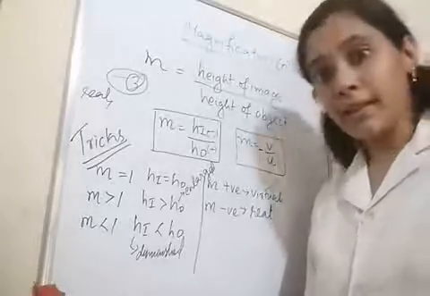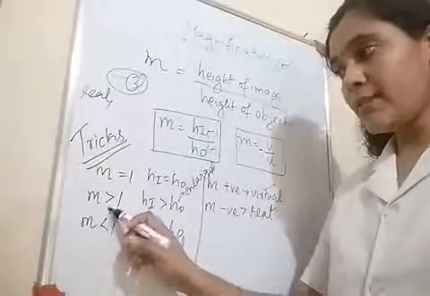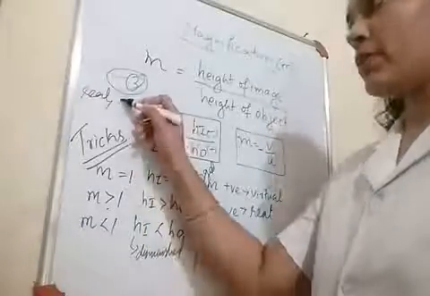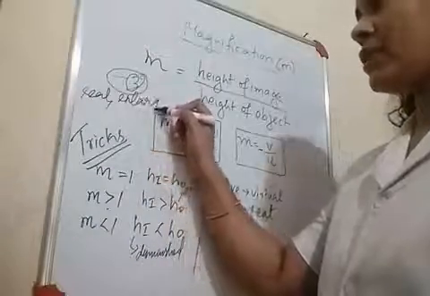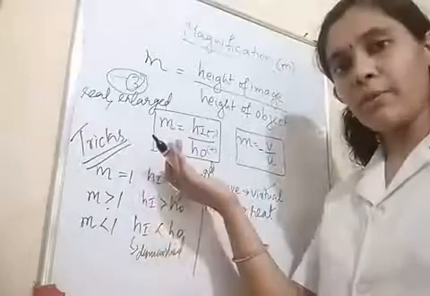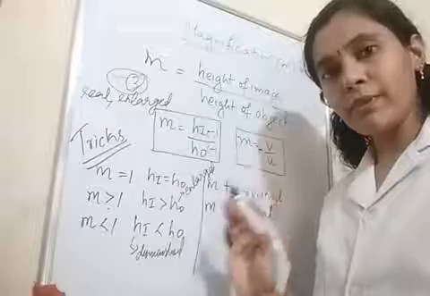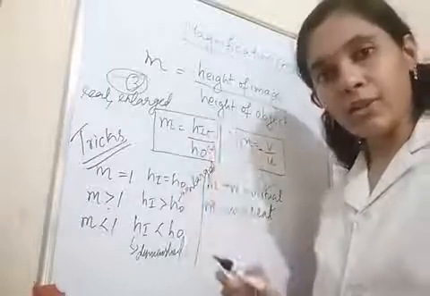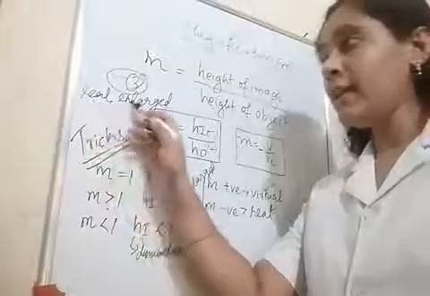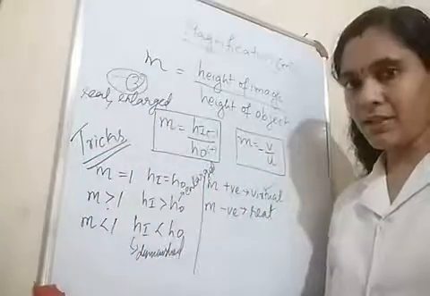Yes, it is greater than 1. So if it is greater than 1, it will be an enlarged image. So what is the nature of image? From the magnification value itself, we get an idea about the nature of image. The image will be real, inverted and enlarged.